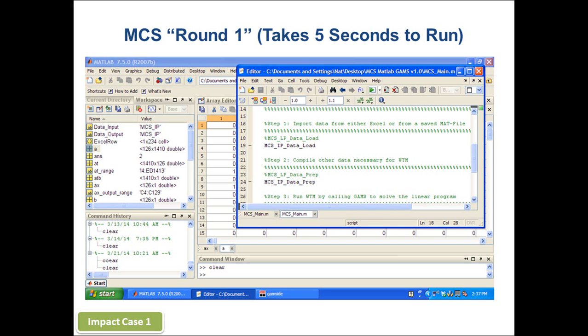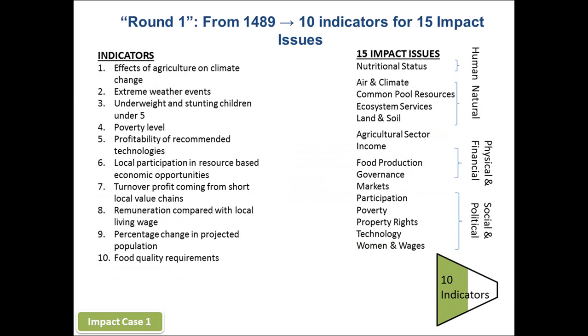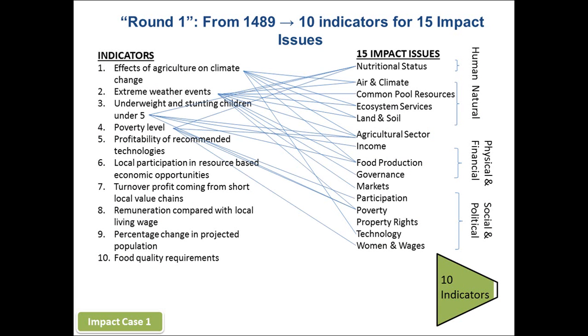So say we run this tool for the network of 14,089 indicators linked to those 15 impact issues that we selected for groundnuts in northern Nigeria. The algorithm quickly identifies just 10 indicators, shown here with the linkages between the indicators and issues, that are able to represent all 15 integrated issues in their components.